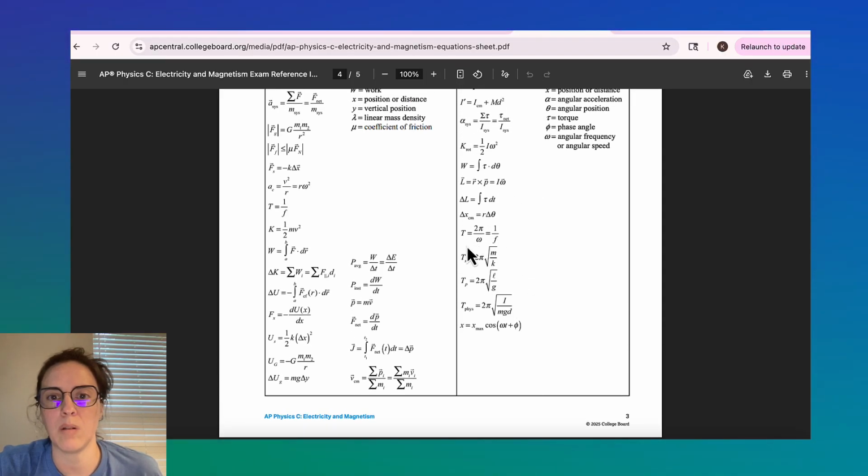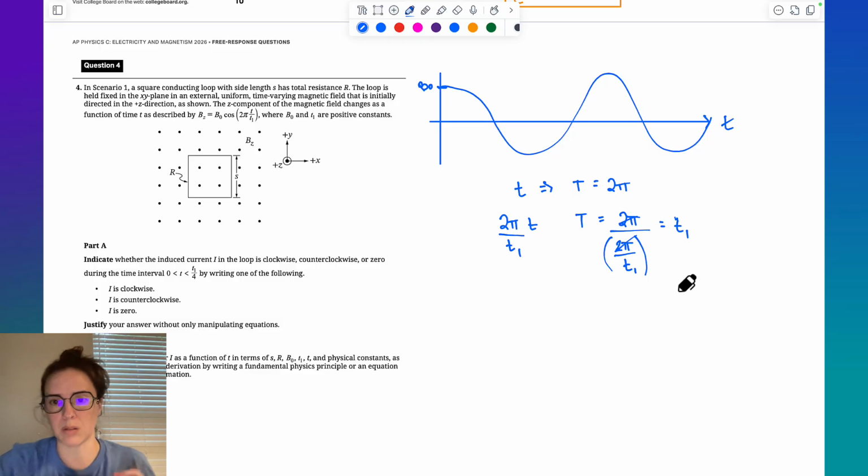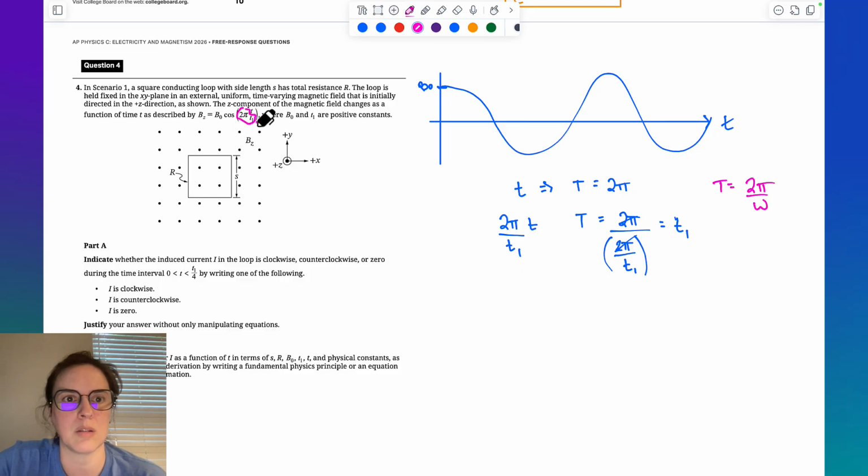The period is 2 pi over omega, where omega is the thing inside your sine or cosine attached to the t. So that's where I got that from, from my pre-calc / trig class. So T equals 2 pi over omega, where omega is the thing in front of the t. Anyways, math lesson aside, that tells me that the period of this is T1.